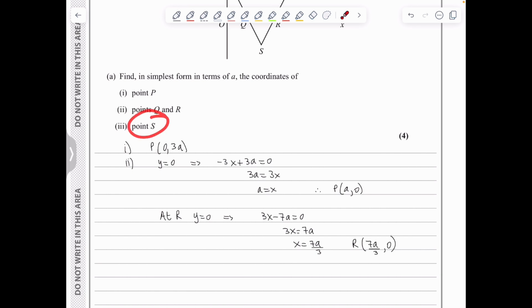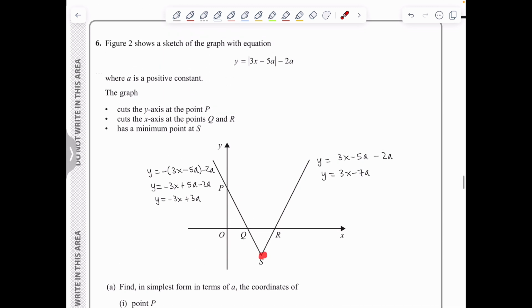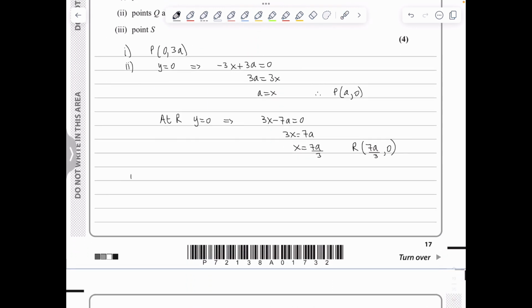Now for the point S, remember S is the vertex of the graph here. So if we look at the original expression here, the vertex is found when the expression within the modulus is 0. And when the expression is 0, we simply see that y is negative 2a. So we can simply start by stating that at point S, we've got the expression within the modulus, so the 3x minus 5a being equal to 0, which leads to 3x is equal to 5a, and therefore x is 5a over 3.